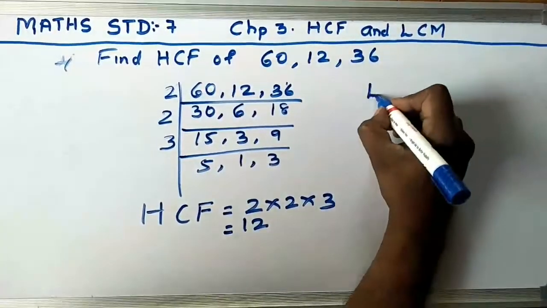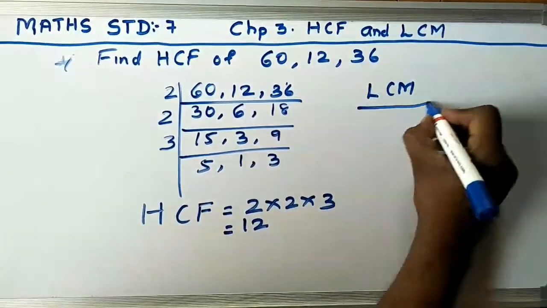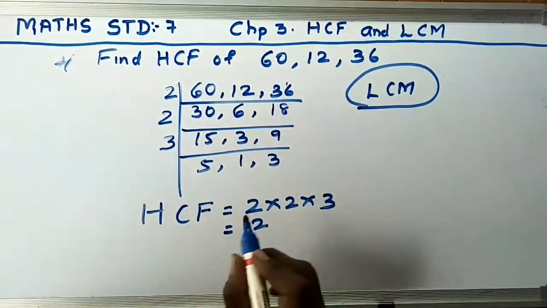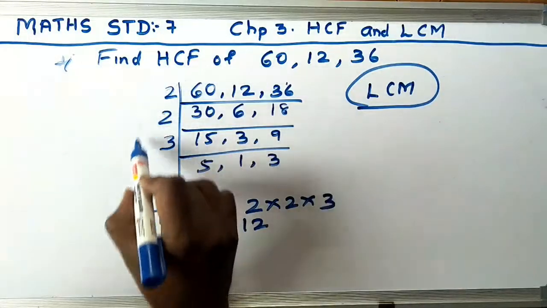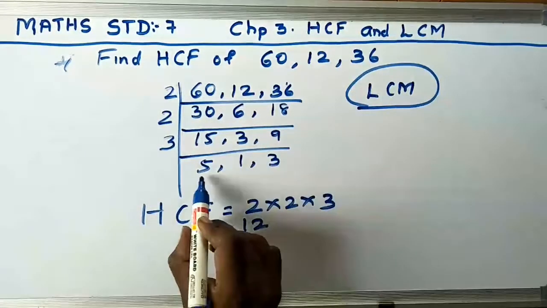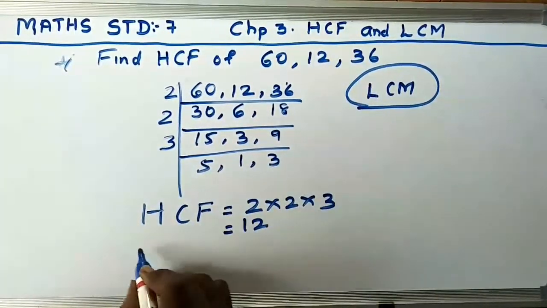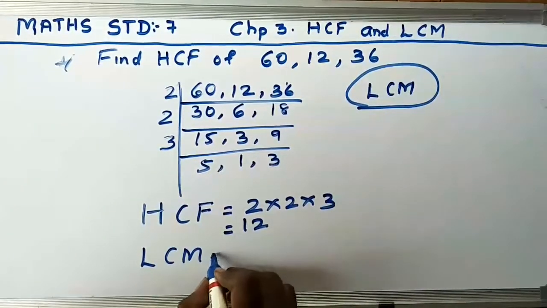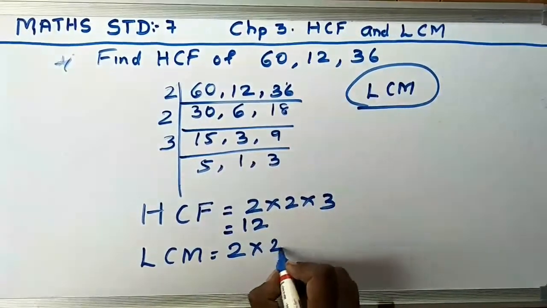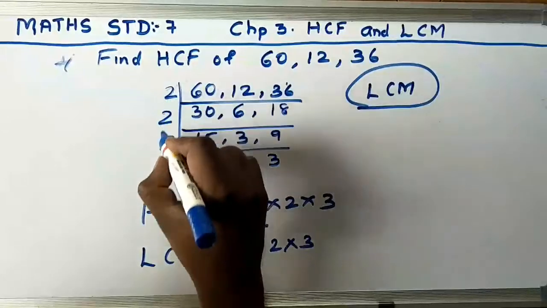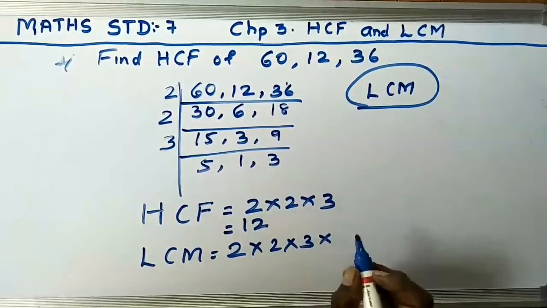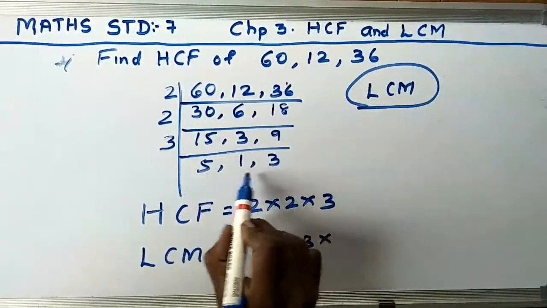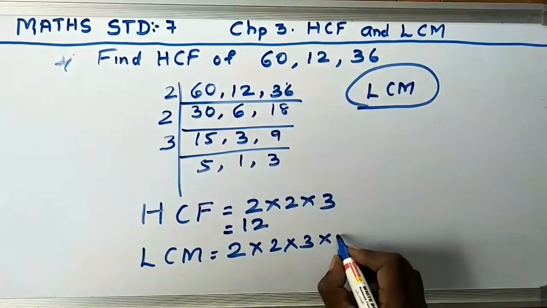Now how to find the LCM? For the LCM, take these common numbers and the uncommon numbers. So LCM is 2 into 2 into 3, which I have taken, multiplied by the remaining numbers, 5 into 3.